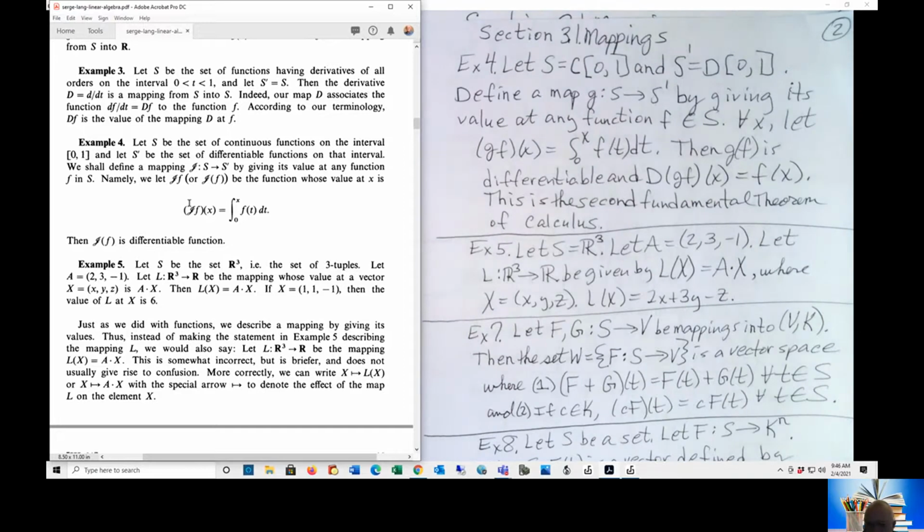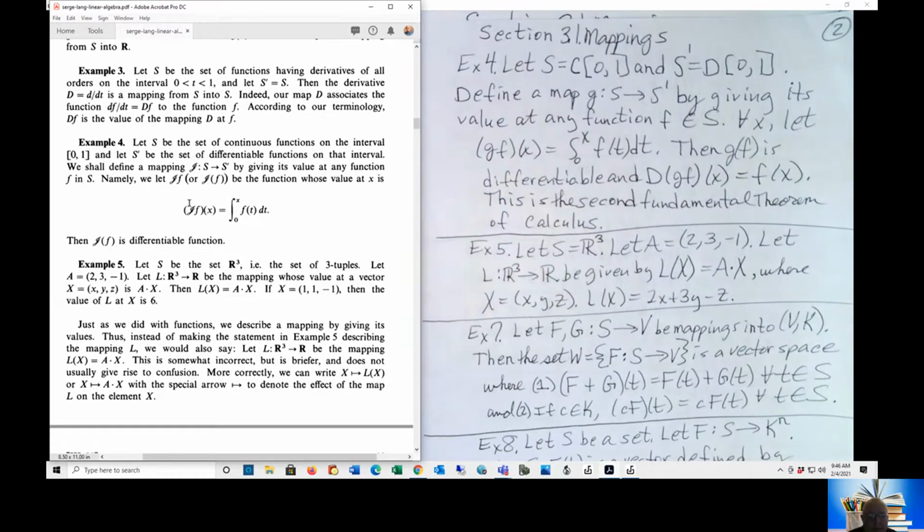In other words, L of x is the following: 2x plus 3y minus z. So that's a mapping. We're going to learn in the next section that it's an example of a linear mapping.